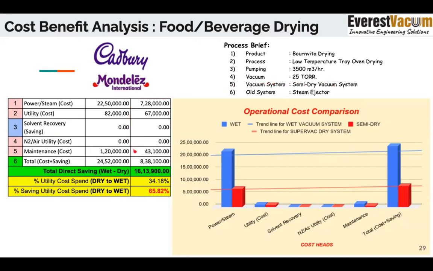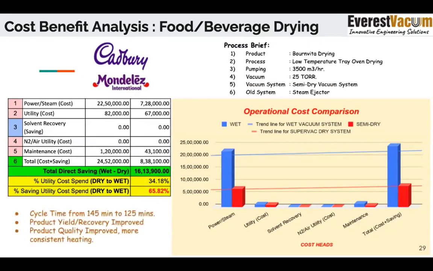We, based on our calculations, are able to provide the customer a saving of 16.13 lakhs, which is again approximately 65% in total direct cost saving.